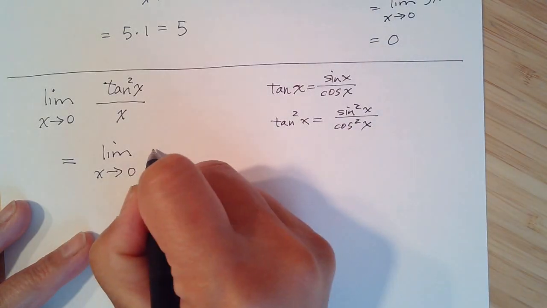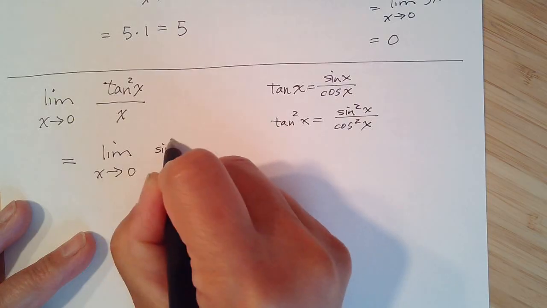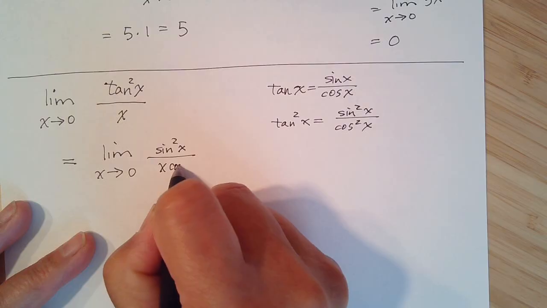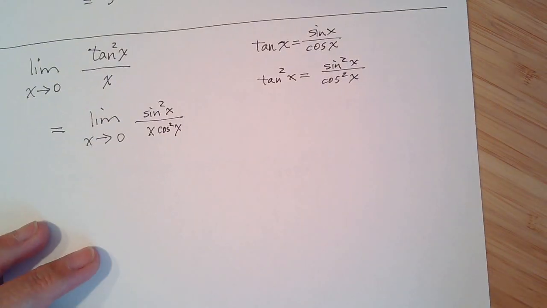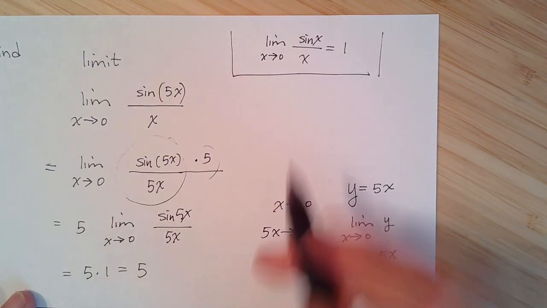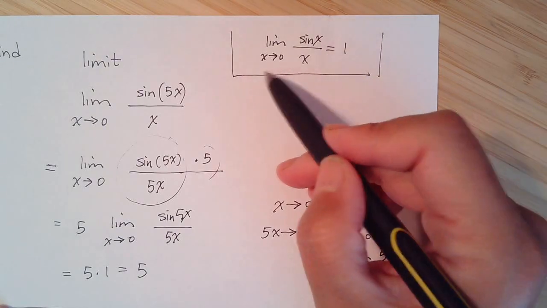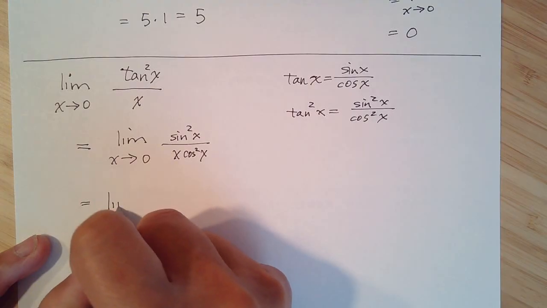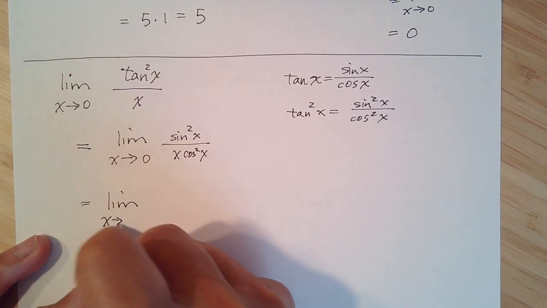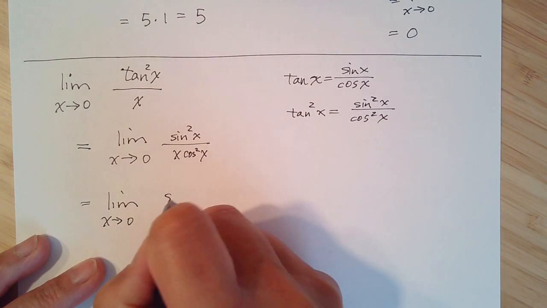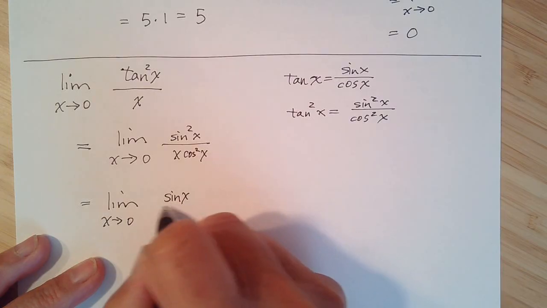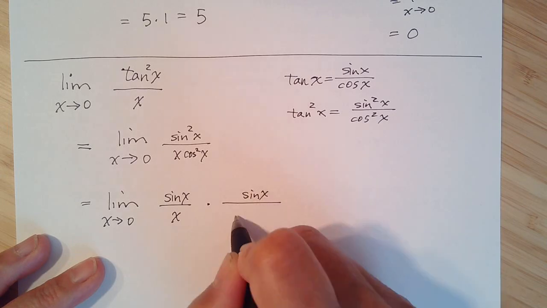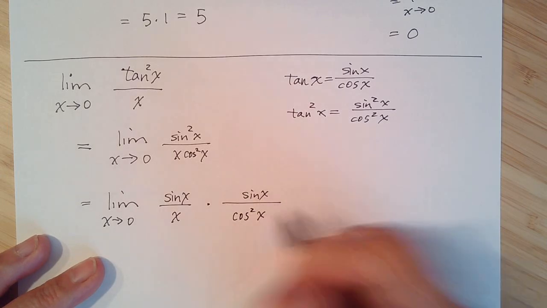So I'm going to write sine x squared over x cosine square x. Make sense? Now keep in mind that sine x over x, when x approaches 0, is 1. So I just take out one sine: one sine x over x, and the other one, sine x over cosine square x.